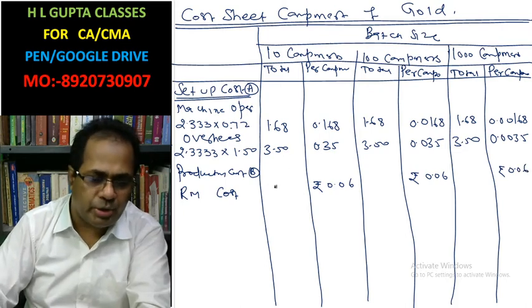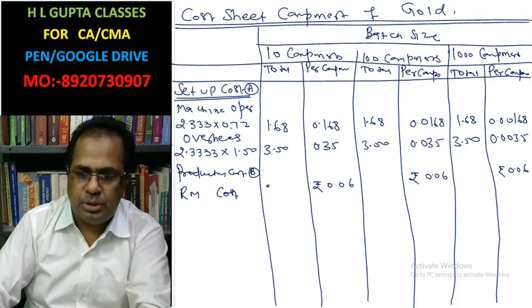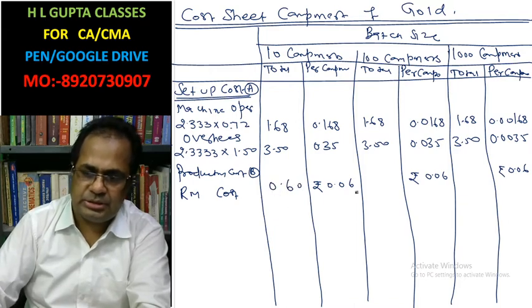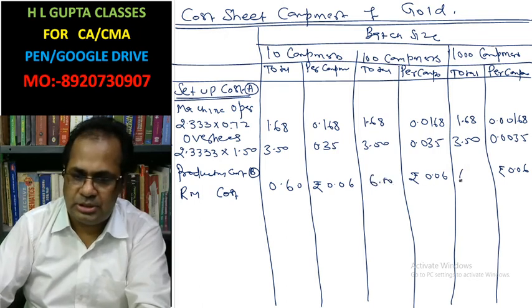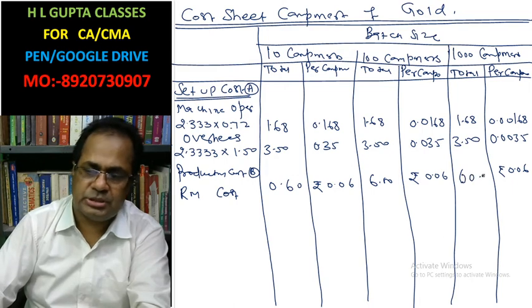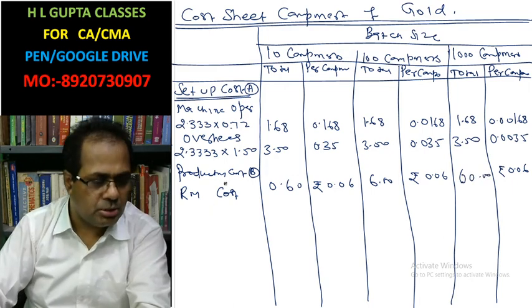For 10 components it will be 0.60, for 100 components 6.00, and for 1000 components 60.